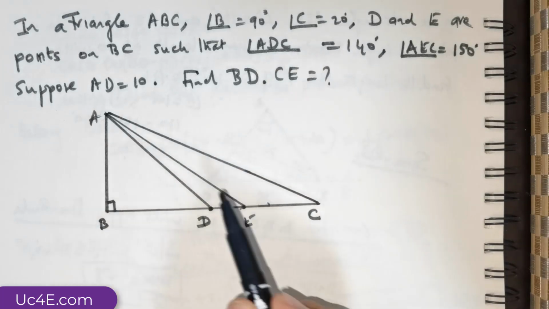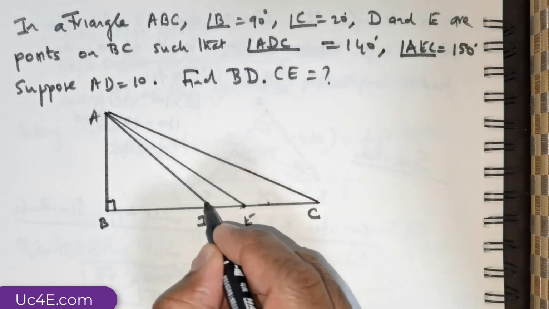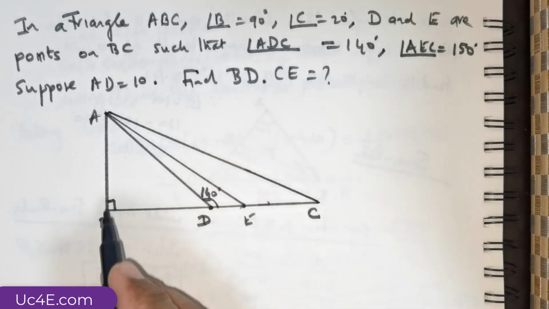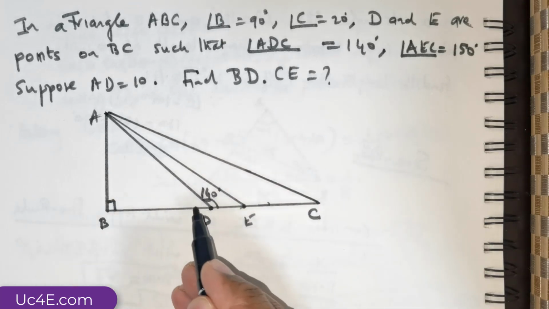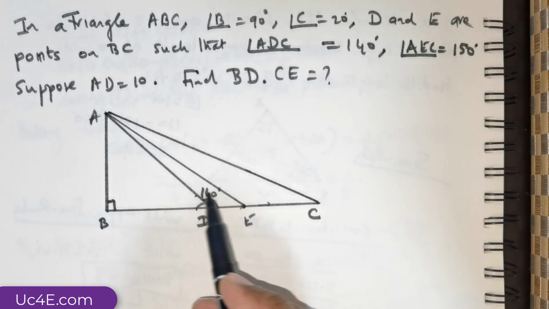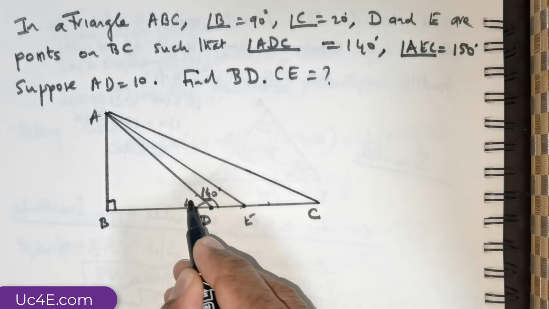Now ADC, that's 140 degrees. So this is 140, this is 90. If this is 140, this is going to be 40, because the entire angle is 180, right? So this is 40.